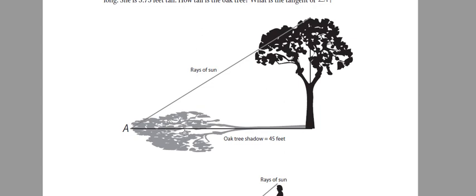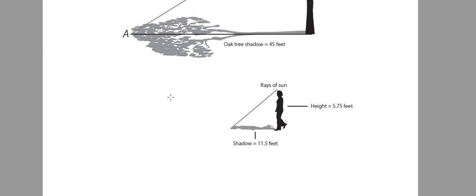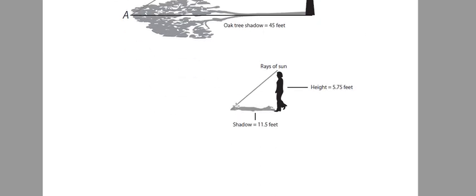All right, so we know that these are going to be proportional triangles here. Because these are similar triangles, this angle is going to be the same. So I want to start down here by finding the angle that the shadow forms with the person. That is going to be this angle right here, so that's opposite over adjacent.